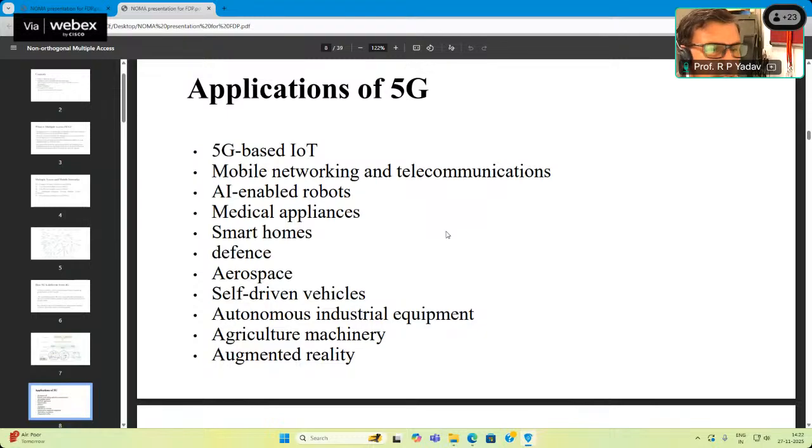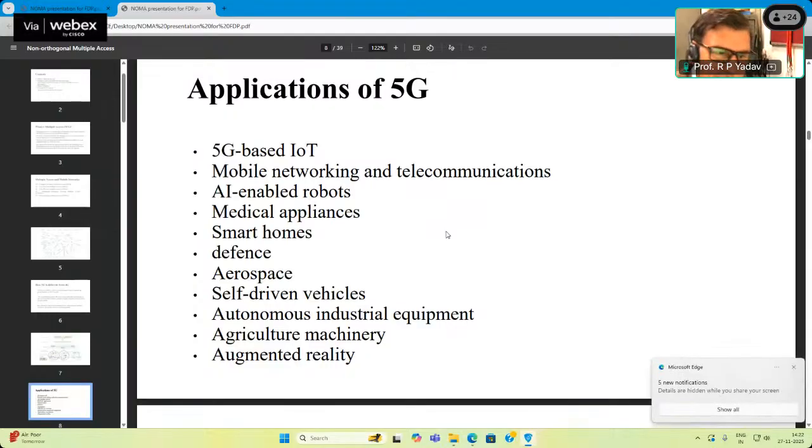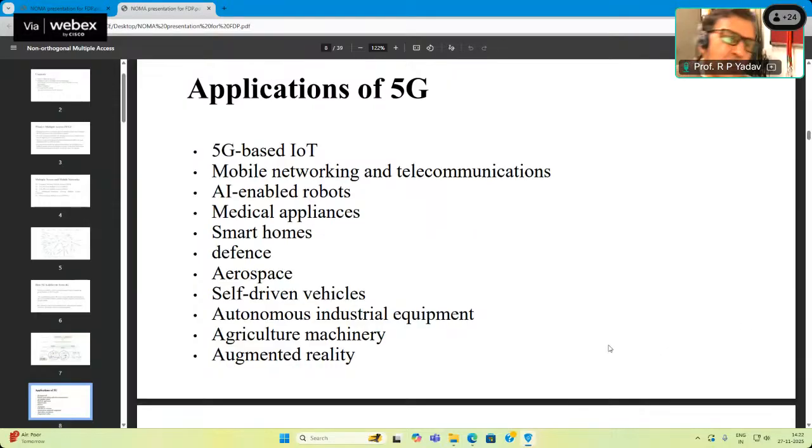Aerospace is another application you can say for 5G systems. Self-driven vehicles, of course, are still not there, maybe in America, or in systems where there is regulated traffic or people follow certain rules, these kinds of vehicles are being tested as a pilot project.